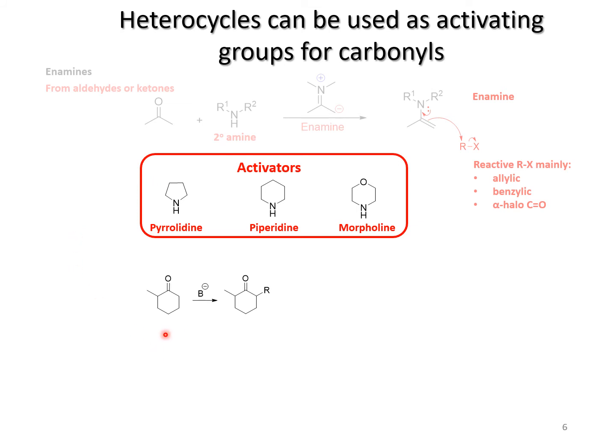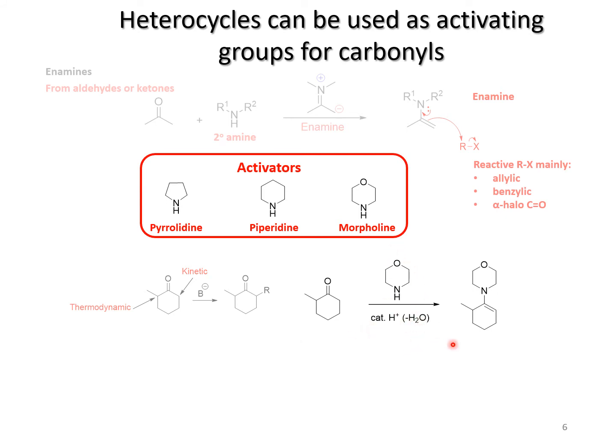Probably you remember from the lab, you can have on this kind of cyclohexanones two kinds of products, the thermodynamic and the kinetic. We know that the thermodynamic normally is favored because it forms the double bond once it forms the enolate on the most substituted position. But let's say that we want to do specifically the compound with the R group in this position. Then we can use this morpholine.